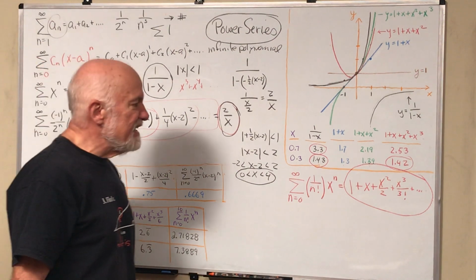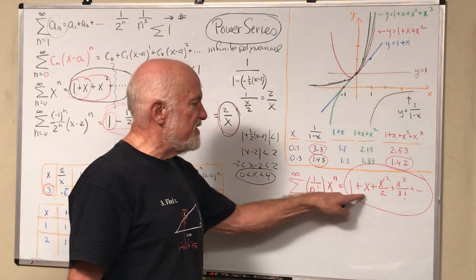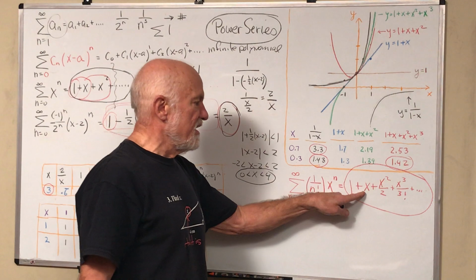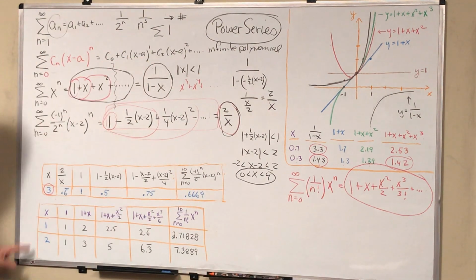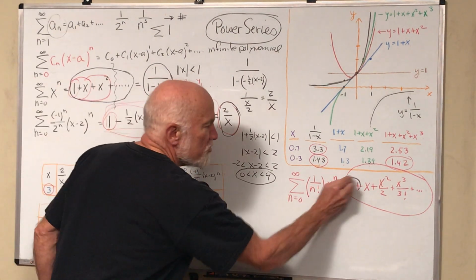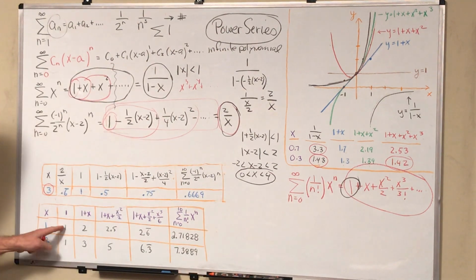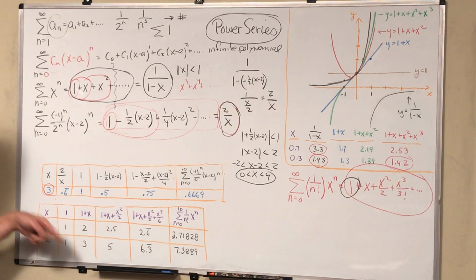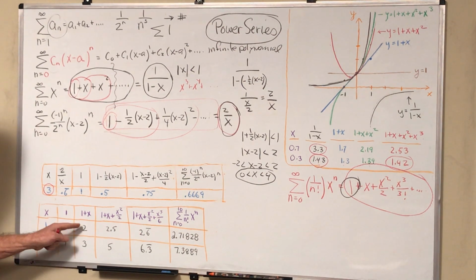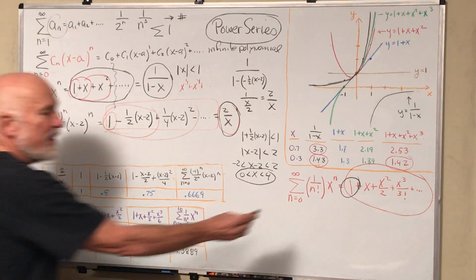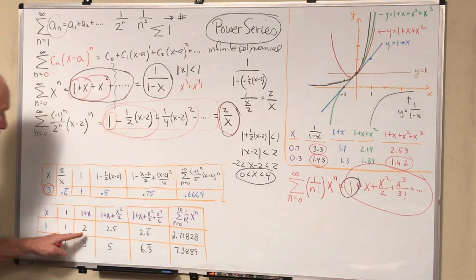But I decided, let's just plug some numbers in here and see what you get. So, I tried two values of x. I tried 1 and 2. When I only took the first term of the series, of course, you're going to predict 1. When I used 1 plus x, with two terms, I got 2.